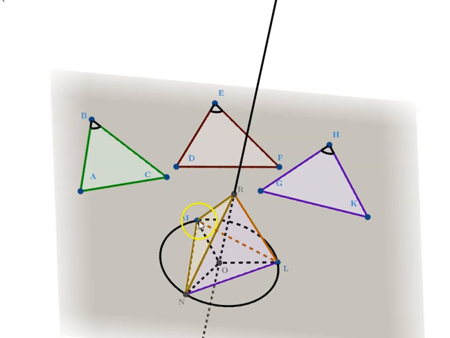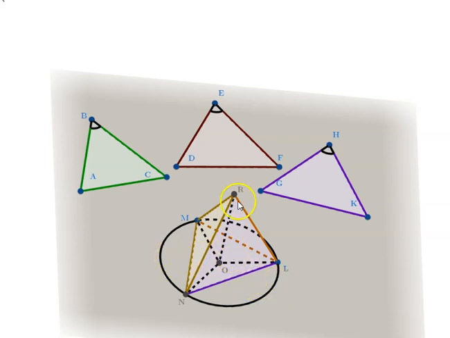That means it is perpendicular to MO, LO, and NO. LO is equal to MO and NO. Now we have to prove that angle LRM is equal to ABC, MRN is equal to DEF, and NRL is equal to GHK. So let's see how we can prove that.